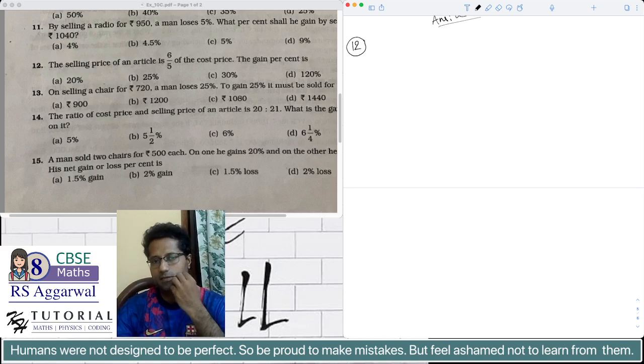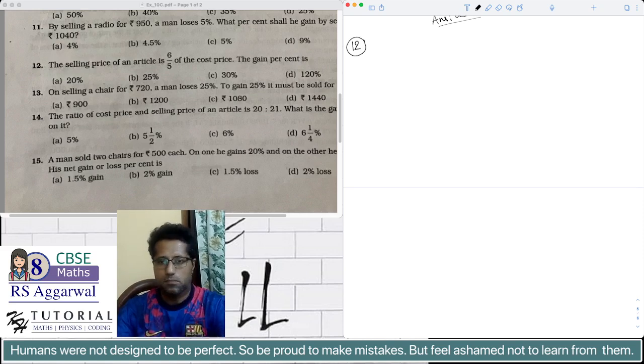Because in that case you can find the gain or loss in terms of either selling price or cost price. It's better to find the gain or the loss in terms of the cost price, and once you have the gain or loss in terms of cost price, you can easily find the gain or loss percent, which is based on the cost price.